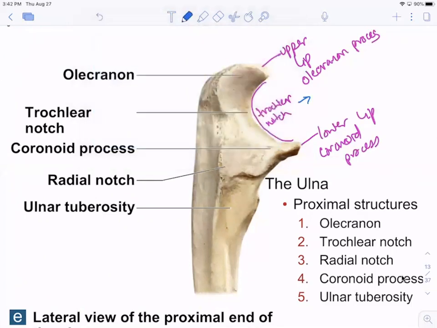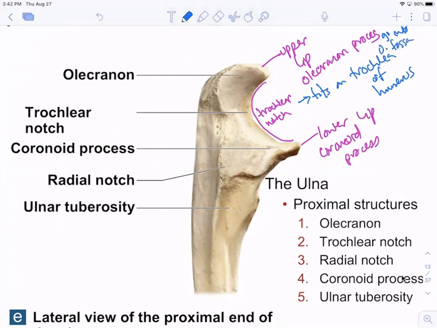So trochlear notch fits on the trochlea of the humerus, and then the olecranon process can go into the fossa, right?